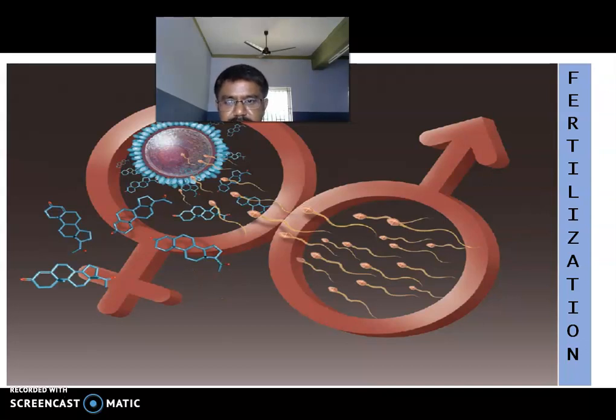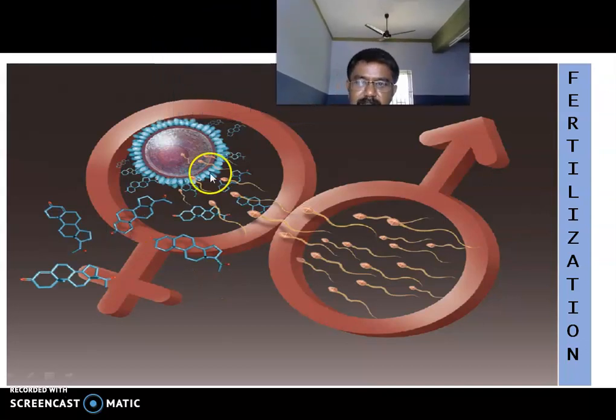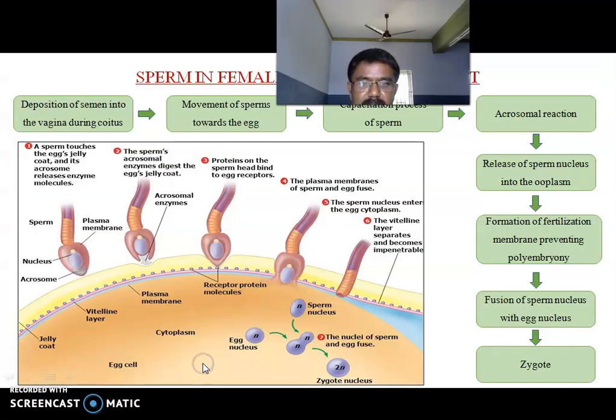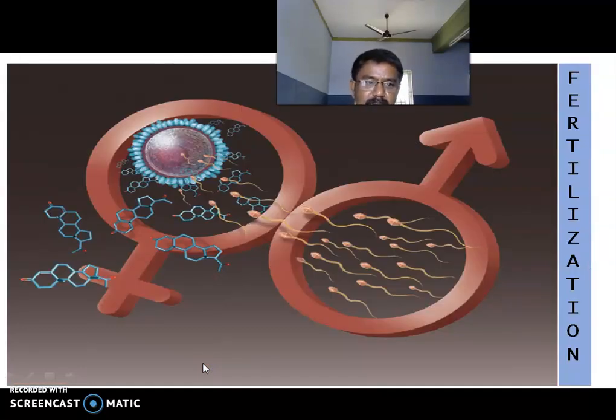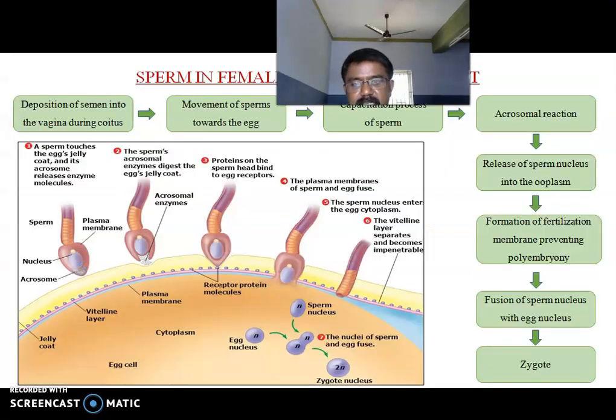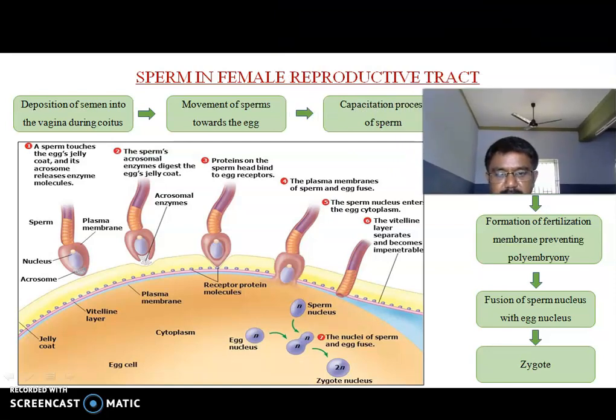Next, this symbol is called female, this symbol is called male, sperm and ovum, right? It is the fertilization process. Next, sperm in the female reproductive tract. Deposition of semen into the vagina during coitus.